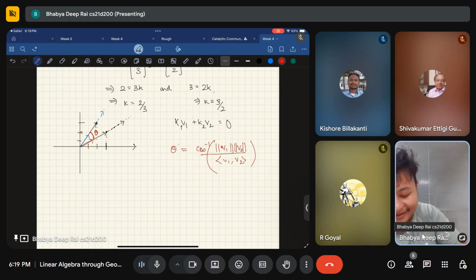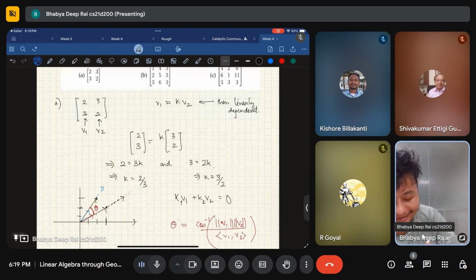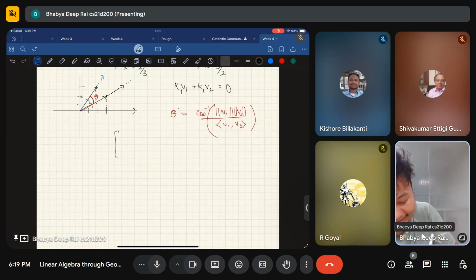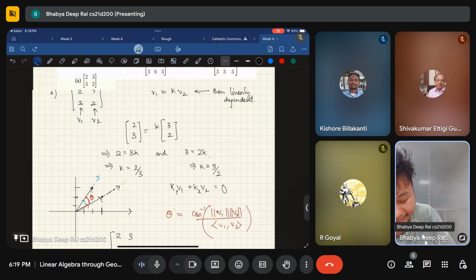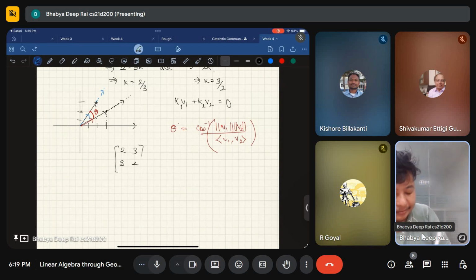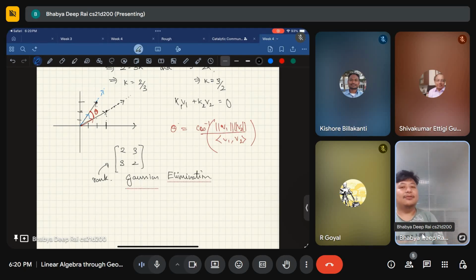There is one final way to do it, at least that comes to my mind, and that is to find the rank. How do you find the rank? Well, you'll use Gaussian elimination, or Gauss-Jordan, and get it to reduced row echelon form, and then see the rank.